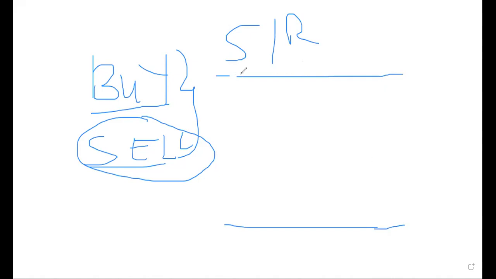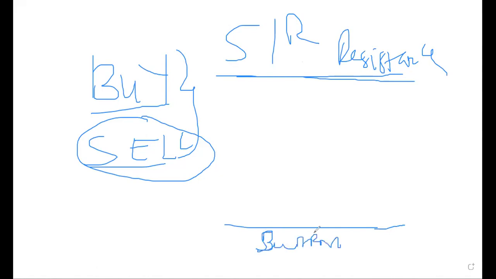The upper channel, or the upper side of this place I'm showing you, we will always label it as resistance. And the lower part of this screen we will always label it as support.